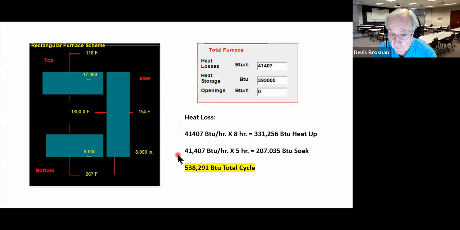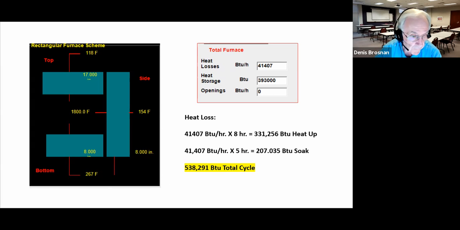Once I start holding the furnace, all I have to think about is the heat loss times 5 hours for hold. That's 207,035. So the total heat loss is 538,291 BTUs per cycle.